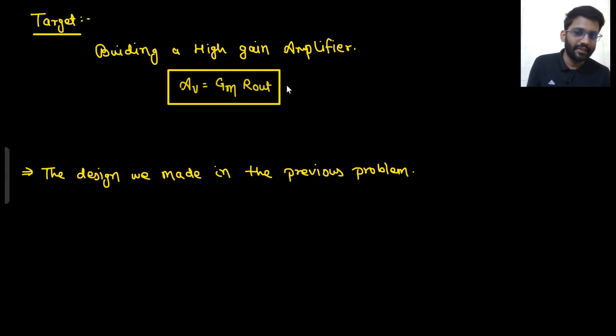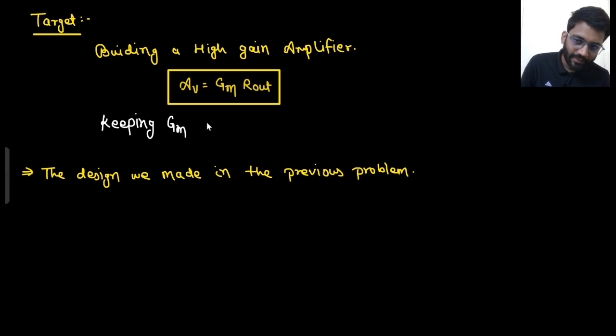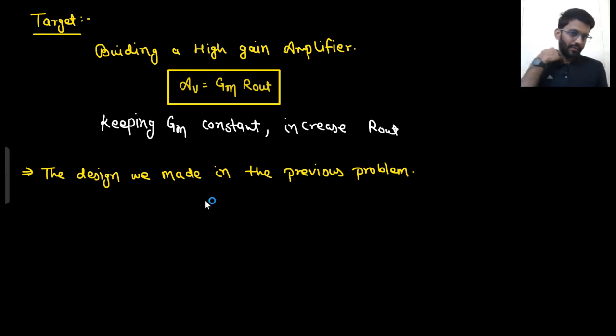This is our gain, GM into R out. So keeping GM constant, increase R out. The design we made in the previous problem: what is our R out there?